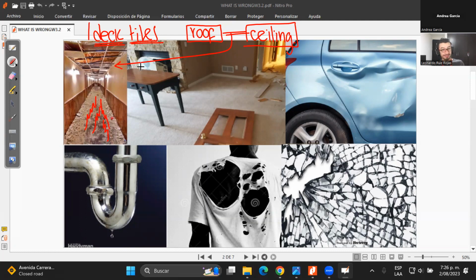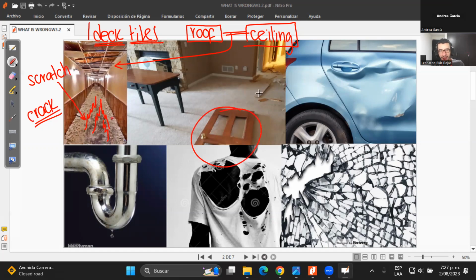A scratch. Okay. Yes, because crack means como cuarteado, but this one is scratched, como rayado, tiene como rayones. Very good. There are many scratches on that floor.